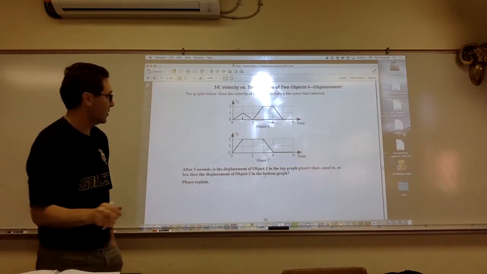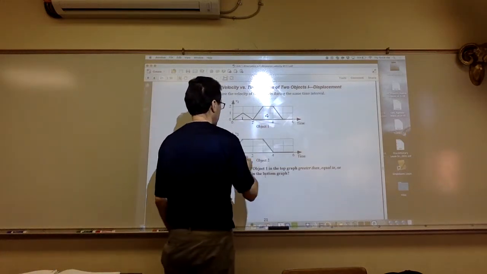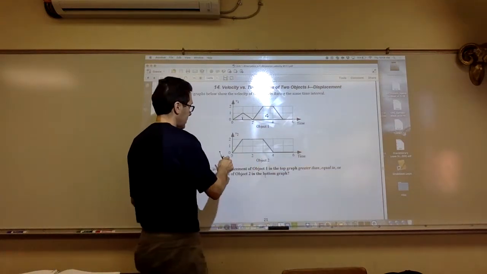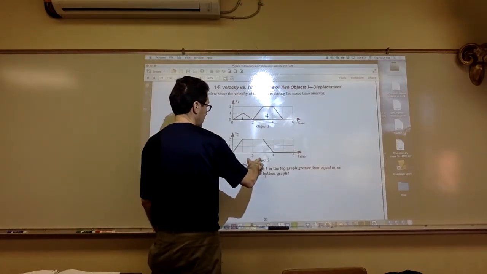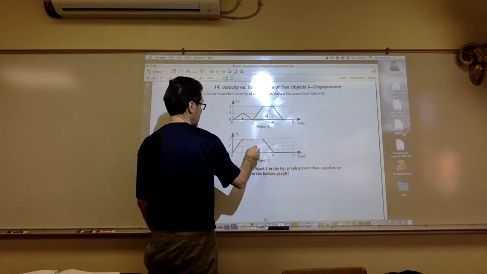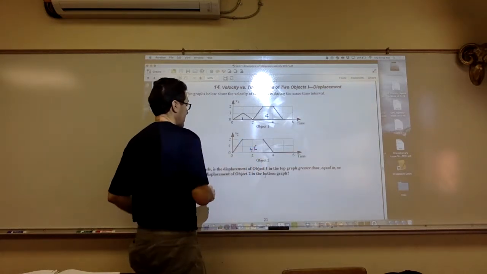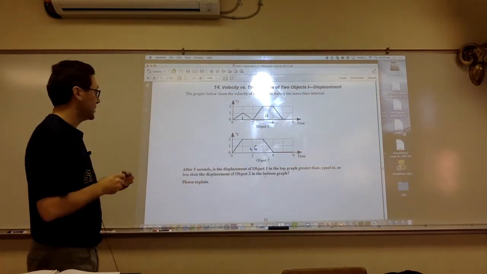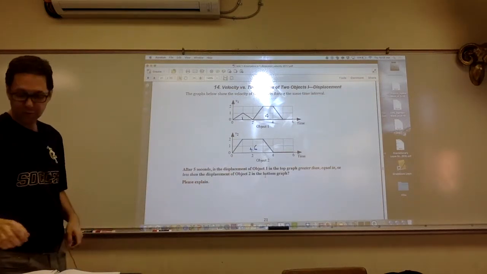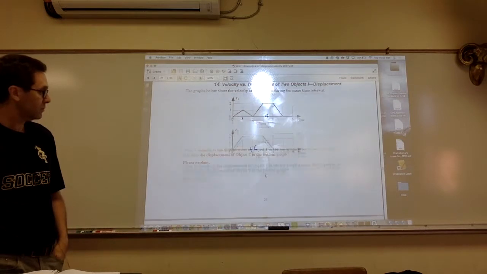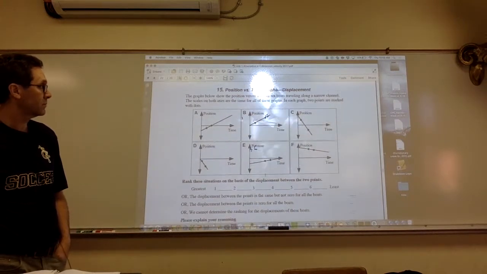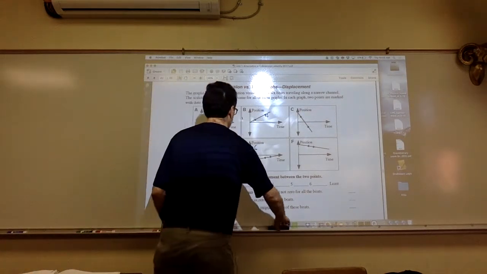That should give you about 4 units for the area. In this other trapezoid, it's 2 plus 4, that's 6, divided by 2 times 2. So this is a 6, basically. So the displacement is greater for object 2. All right, number 15.